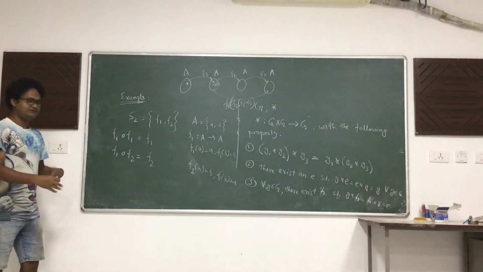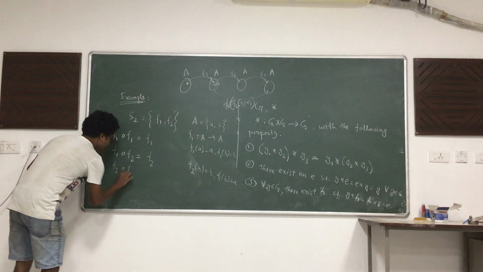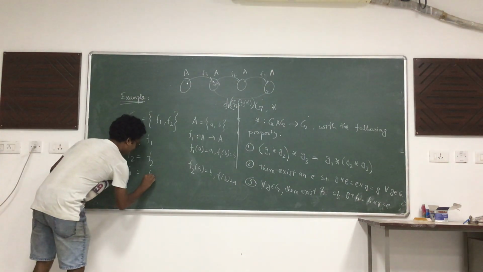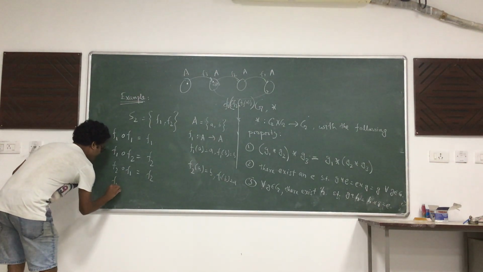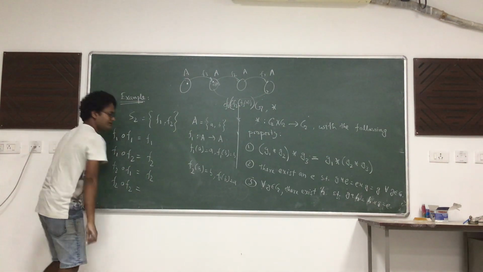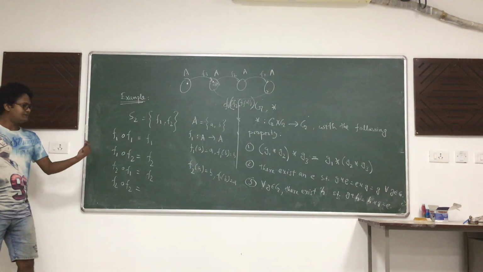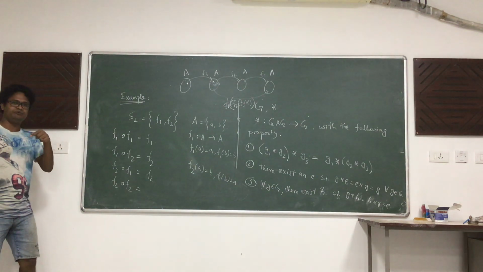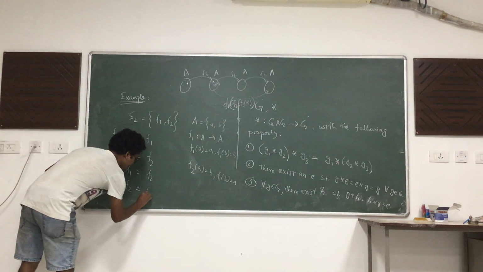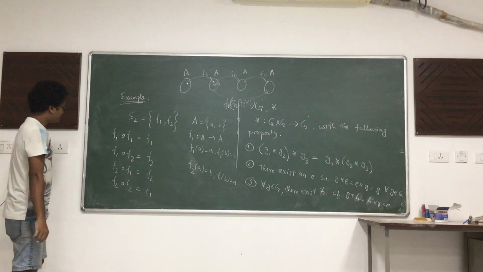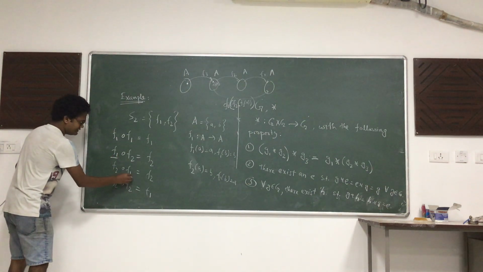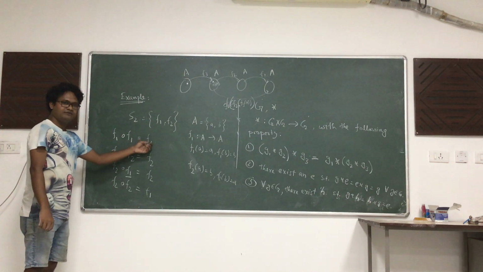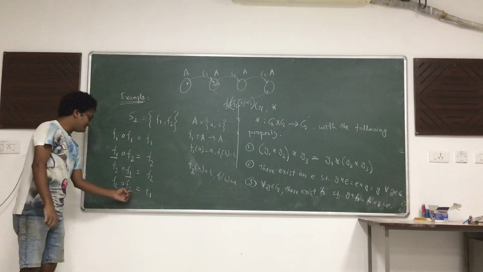F2 composed with F1 is also F2. And F2 composed with F2 sends A to B, B to A, and back again, so it is nothing but the identity, F1. Now we can clearly identify that F1 plays the role of identity, the inverse of F1 is F1 itself, and the inverse of F2 is F2 itself.